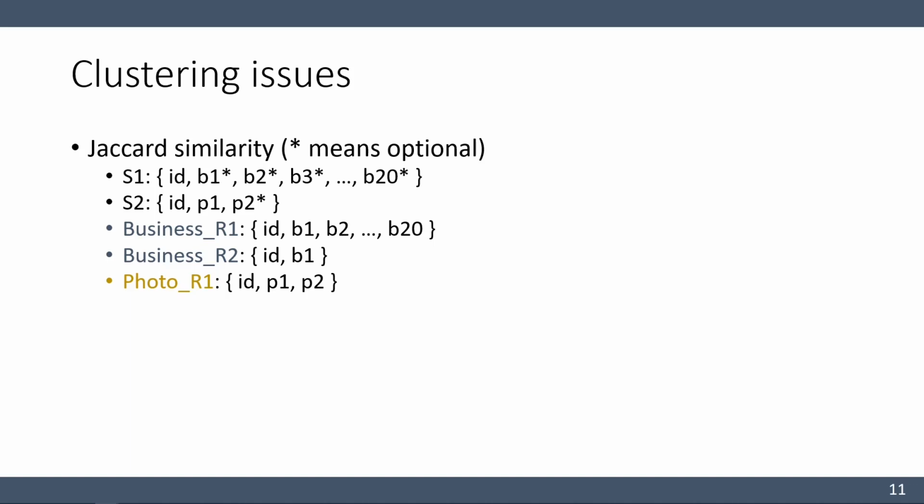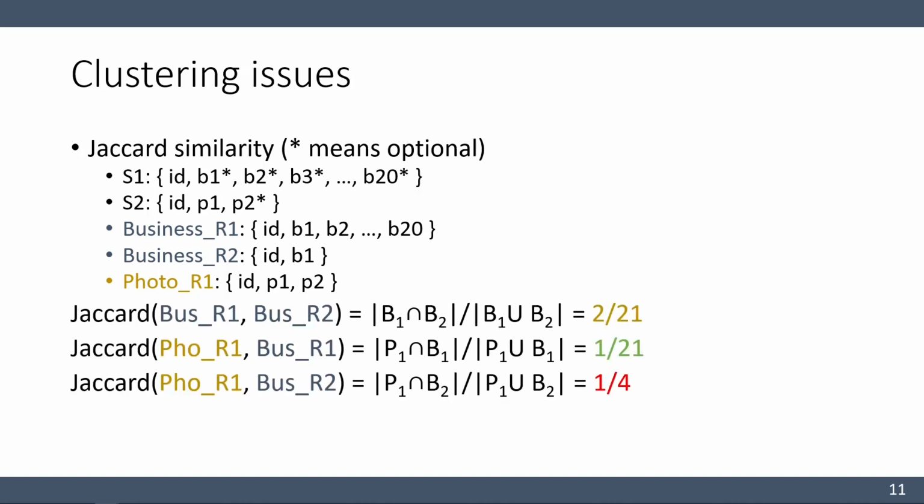In this example, we use an arguably better suited metric for binary comparison, Jaccard similarity. Large, highly optional business records are contrasted by small and stable photo records. Using the formula for Jaccard similarity, in this example, we see photo record 1 is most similar to business record 2.